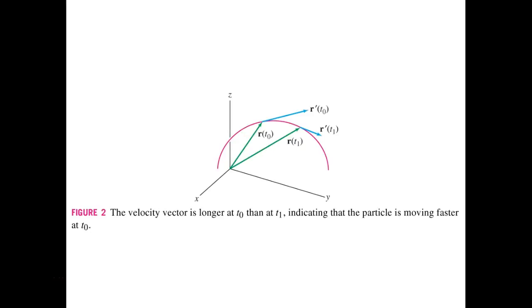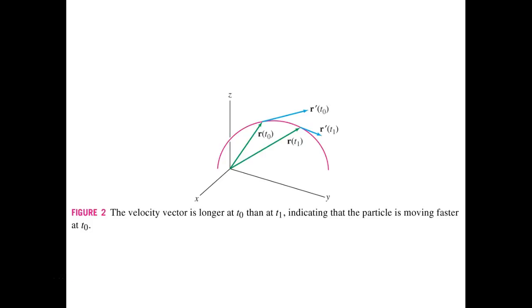So let's say that here at time t equal t0, there's your displacement vector. Okay? Now, here is the path that the particle is following. At this instant, r prime is in this direction, tangent to the curve.